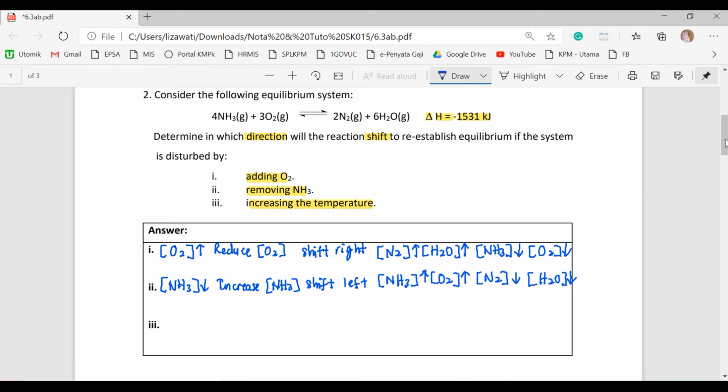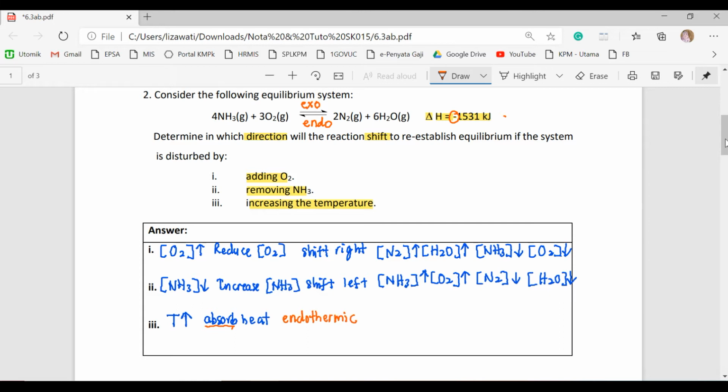Number 3, increasing the temperature. So the system will absorb heat. We refer to the delta H value. This negative value means the forward reaction is exothermic and the reverse reaction is endothermic. When the temperature increases, the system will try to absorb the excess heat. So the system favors the endothermic reaction.